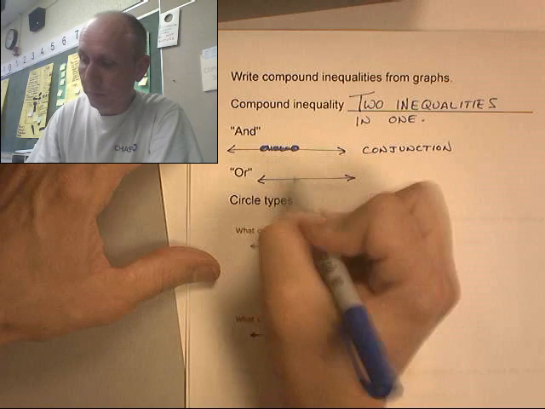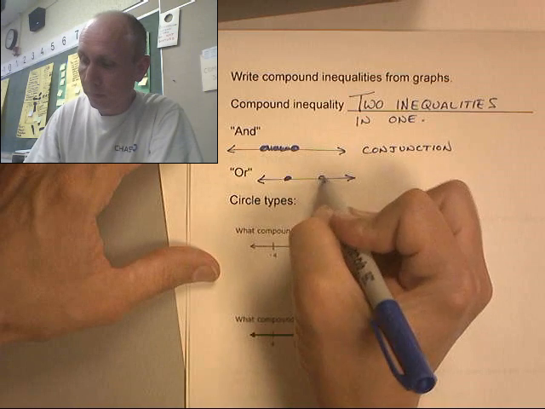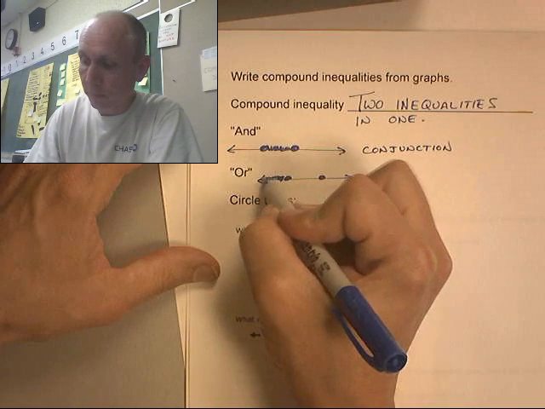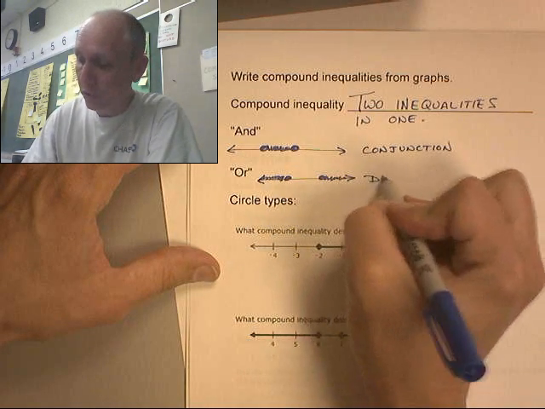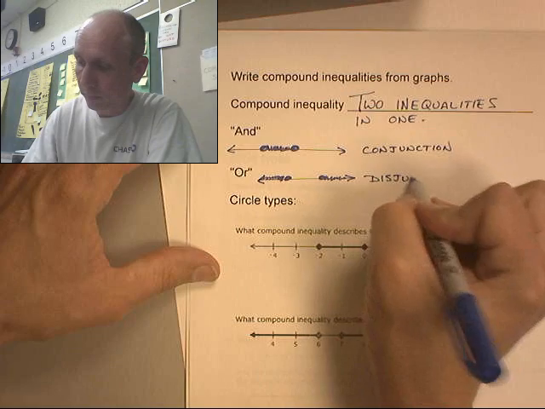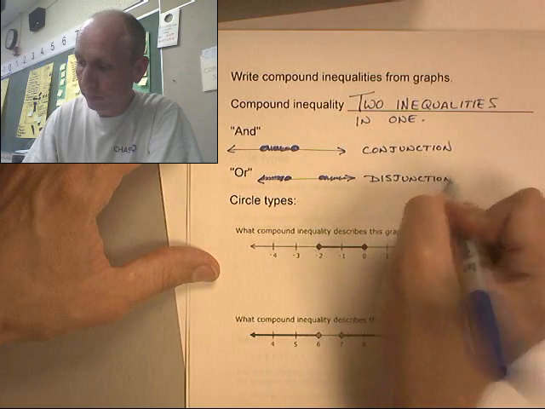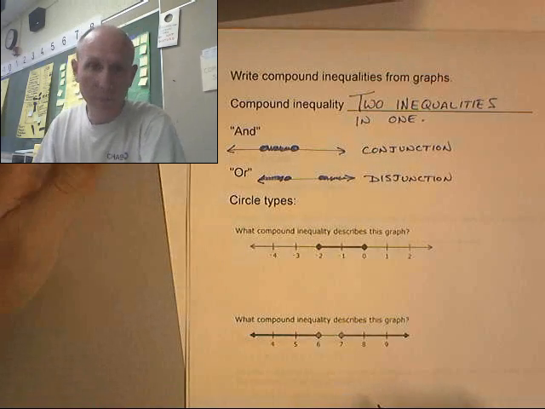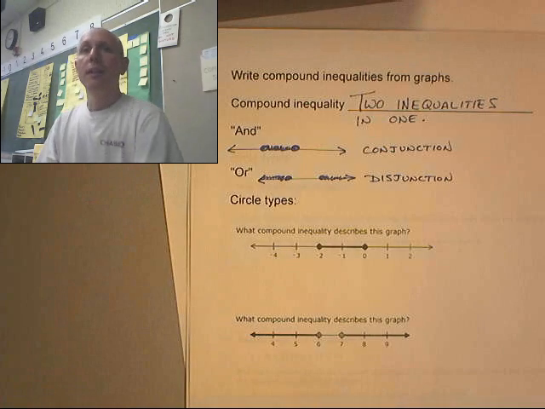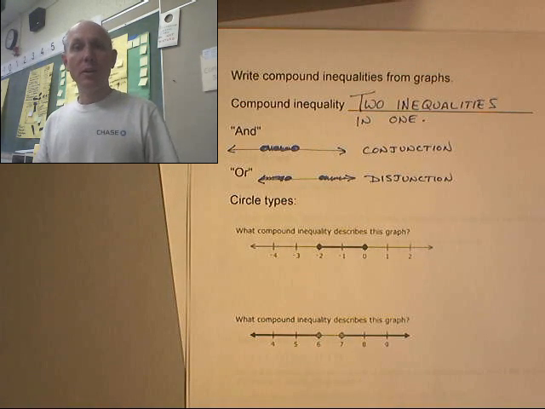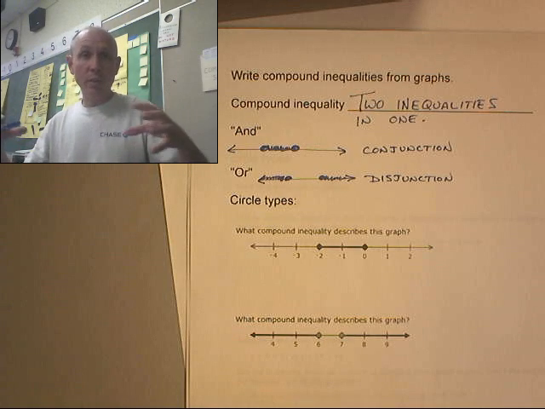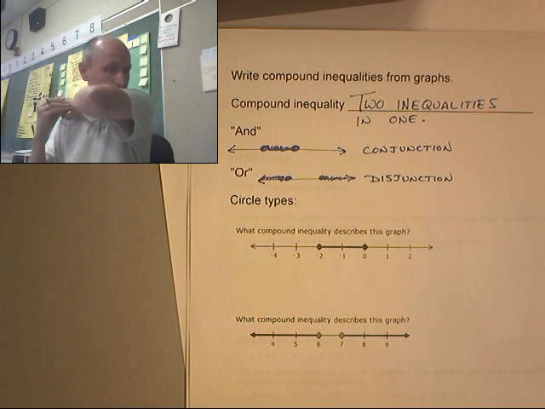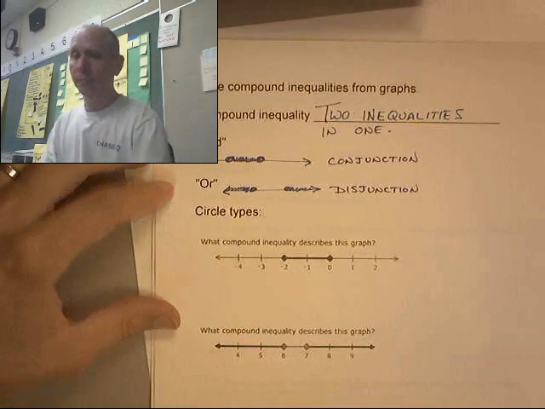Or, it's going to look like this, and it's called a disjunction. All right. So what we're looking at is two inequalities, and then we're going to squish them together, hopefully into one.